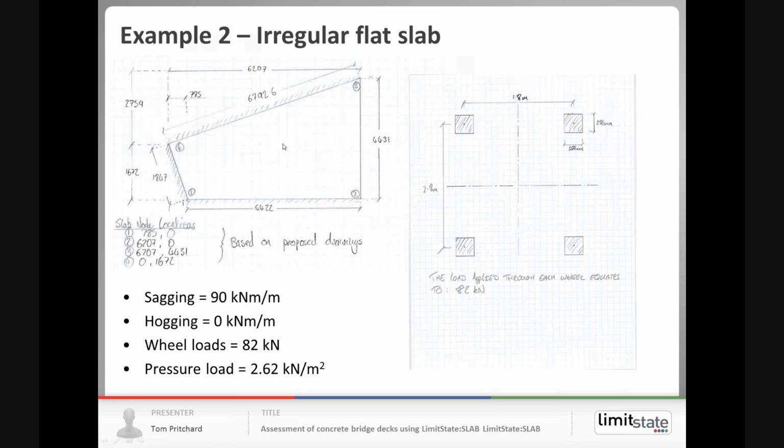The reinforcement is on a 90-degree grid system aligned to the bottom boundary, and the vehicle that we're going to look at here, which is identified as the one that they wanted to actually check it for, is 4 wheels with the standard 1.8 meter wheel spacing across an axle, and then 2 axles spaced at 2.8 meters. And the consultants had determined that the loading for each wheel was 82 kilonewtons, so quite a high loading. Also, there's a pressure load from the tarmac and the fill on the top of the slab of 2.62 kilonewtons per meter squared, which would need to be taken into consideration.